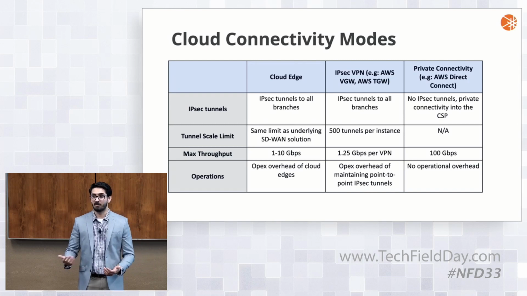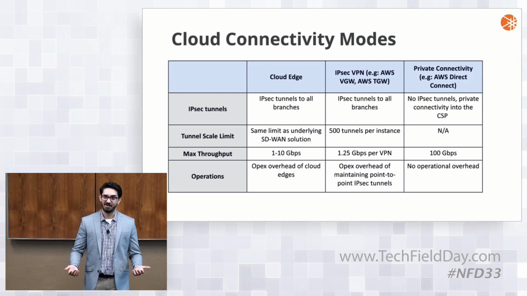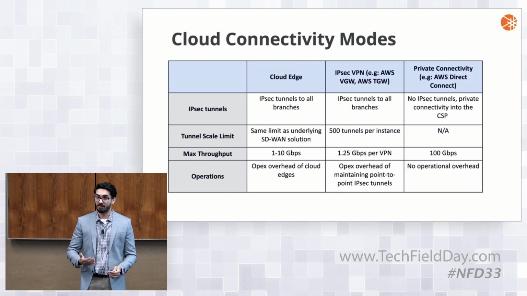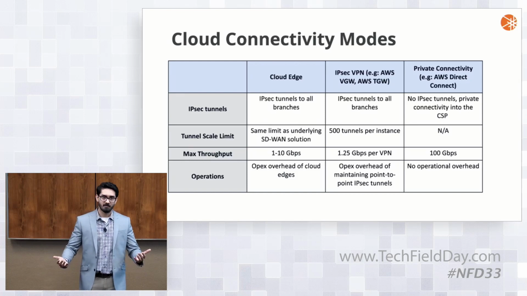If you start to look at performance, there's a lot that you will have to do in order to get the performance you may be looking for, 10 gigs. If you're going above 50 gig, 100 gig, it becomes fairly cumbersome to deploy. And then the operational overhead of running all of these falls on you. So if you're looking for redundancy, you spin up more edges. If you need more throughput, you spin up more edges. That's just a problem that comes onto your network team.